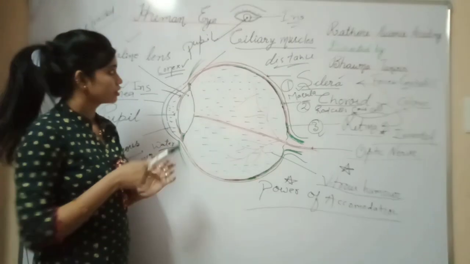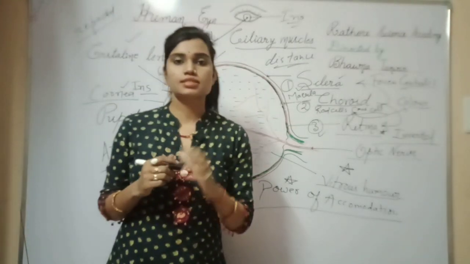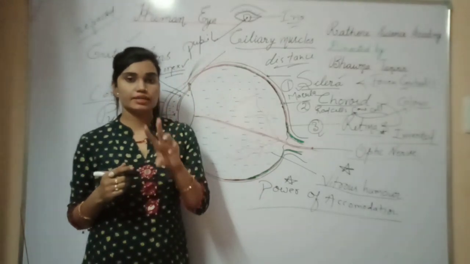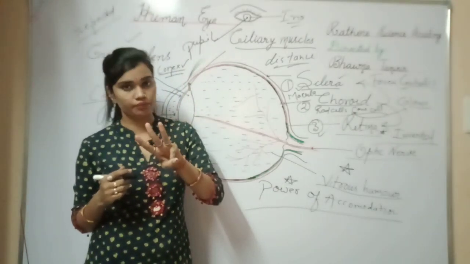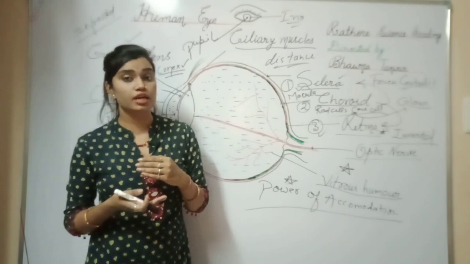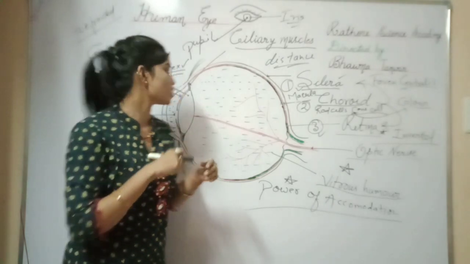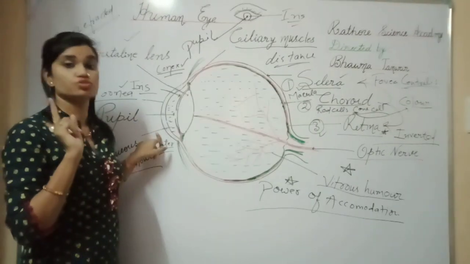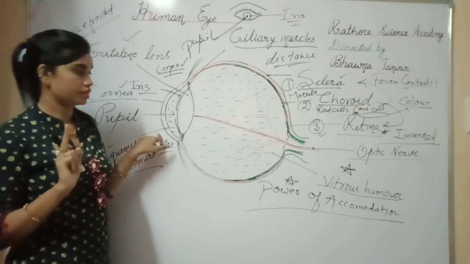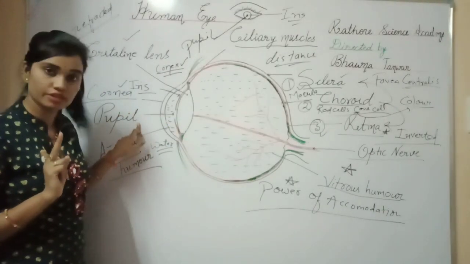See, here the structure of the eye is complete. Let us recap. The eye has 3 layers. The outermost layer of the eye is known as sclera, which opens up into a bulgy structure. This bulgy structure is known as cornea, right? The light ray first enters into the eye with the help of cornea.